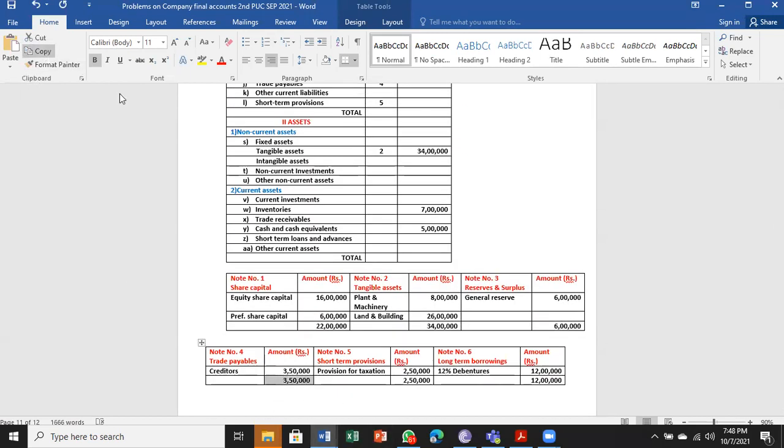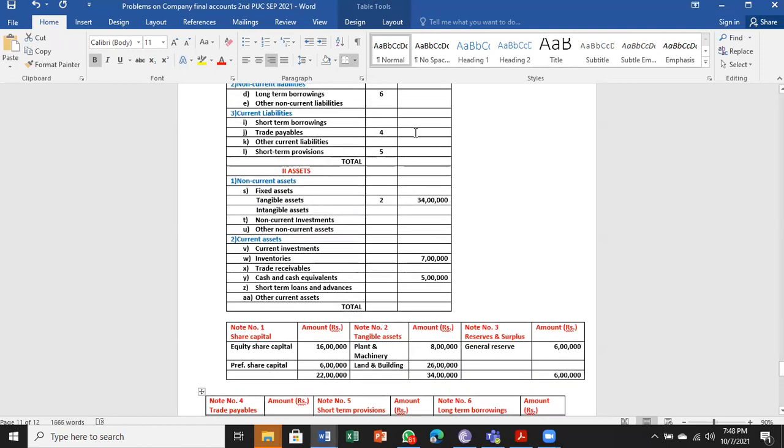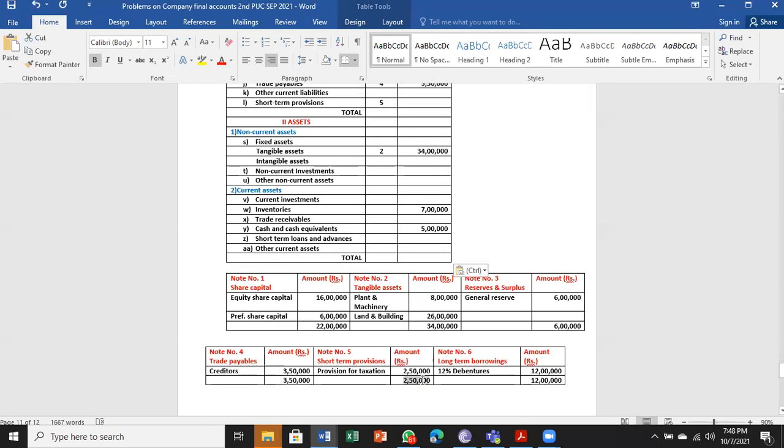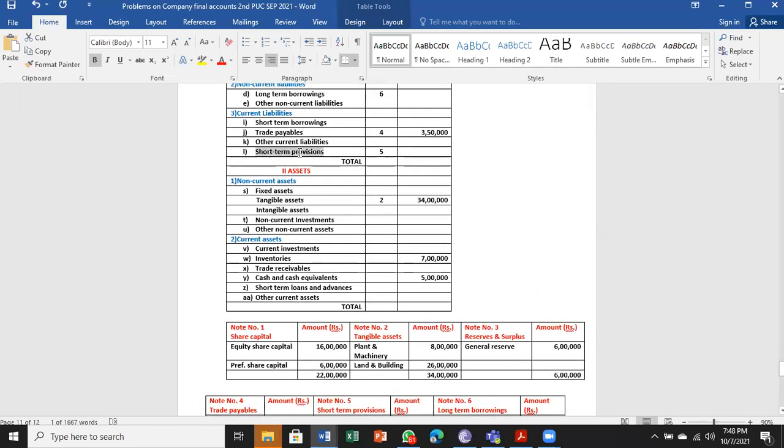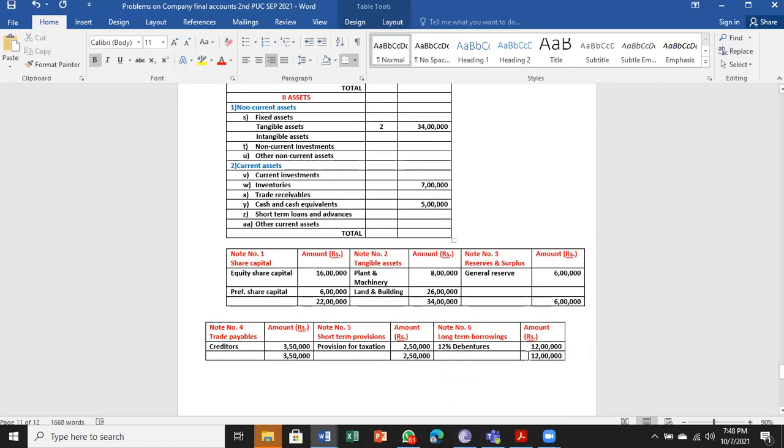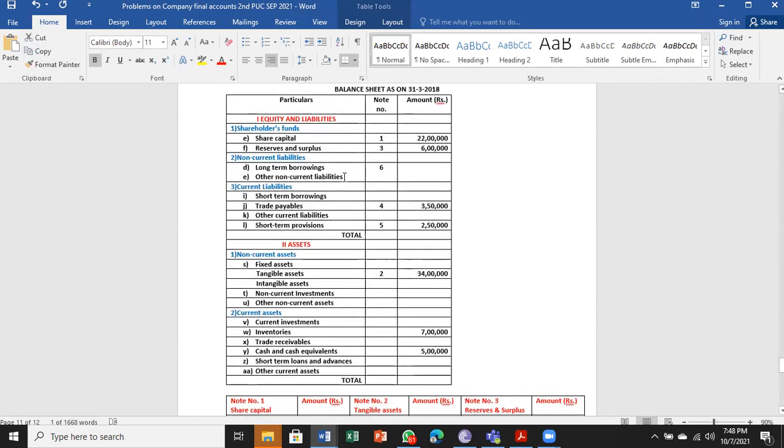Then creditors comes under trade payable, current liability. Next, provision for tax, short-term provision again under current liability. Next, debentures comes under long-term borrowings. So I have taken all the amounts therein. So we can go for totaling now.